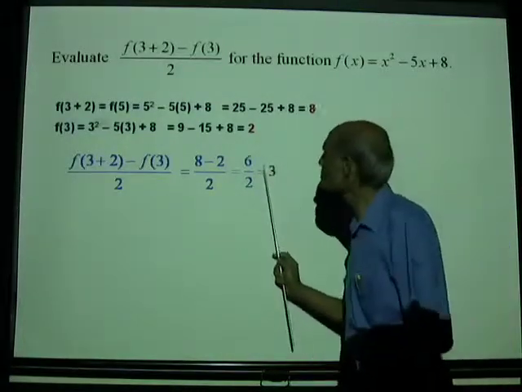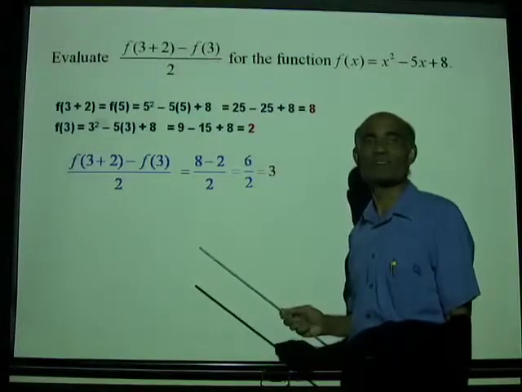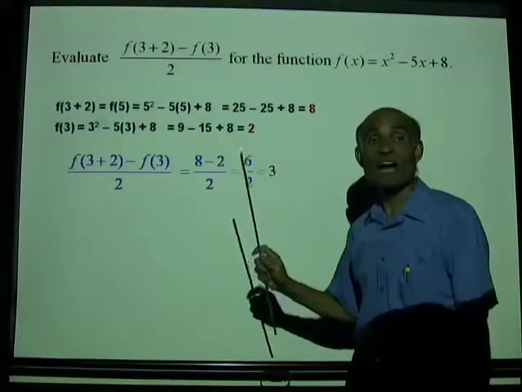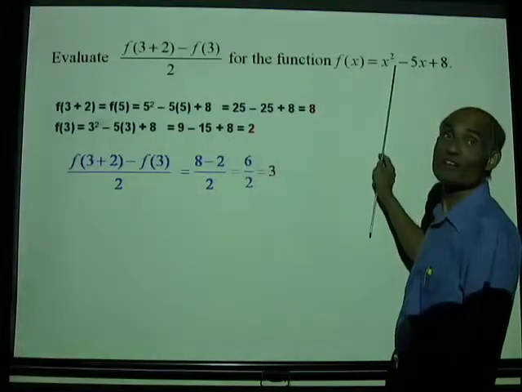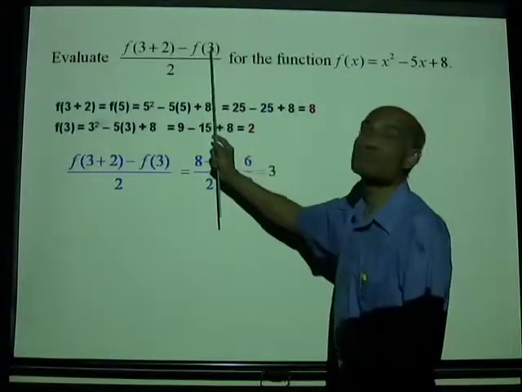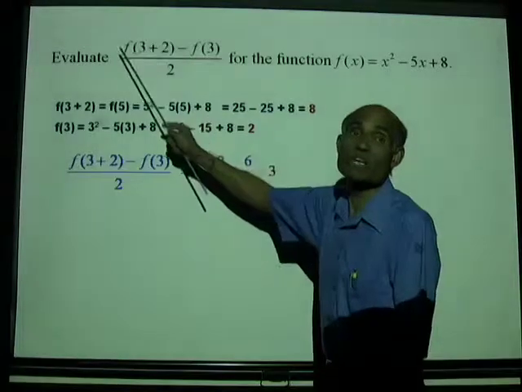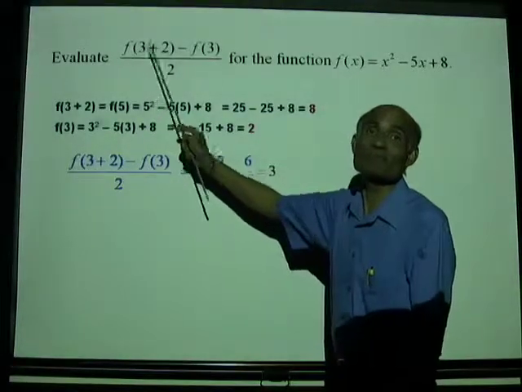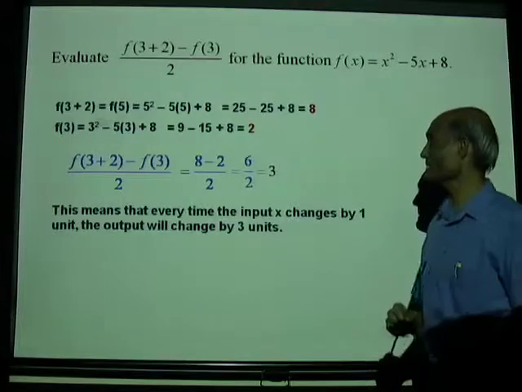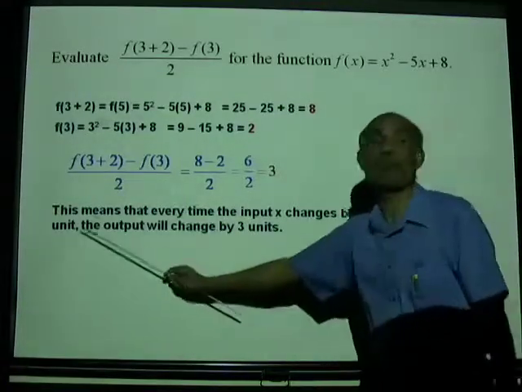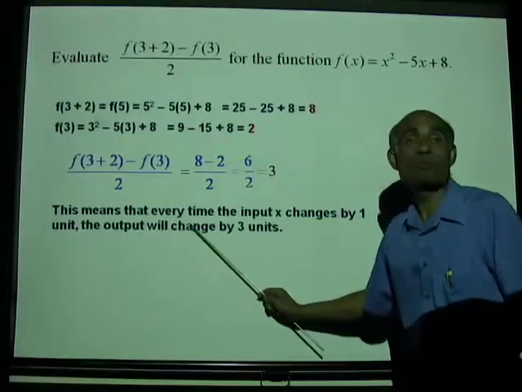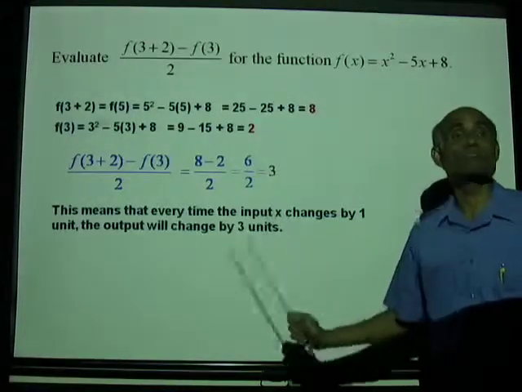So what does the 3 represent? The 3 is the average rate of change of this function when the input changes from x equal to 3 to x equal to 5. That's the meaning of that. This means every time the input changes by 1 unit, the output will change by 3 units.